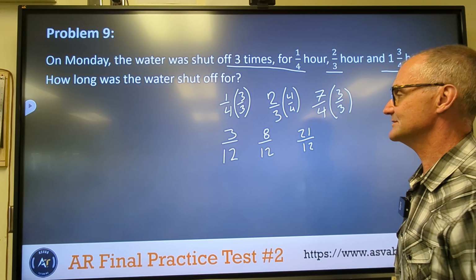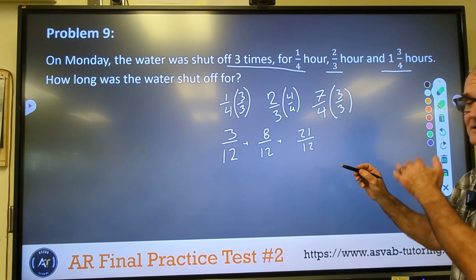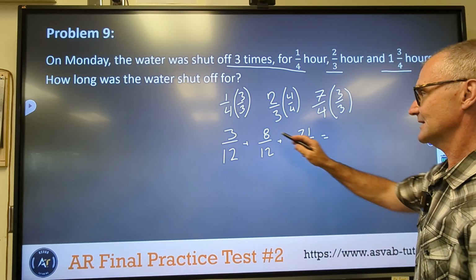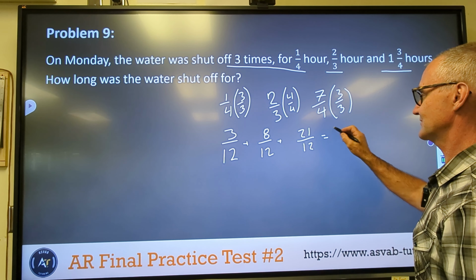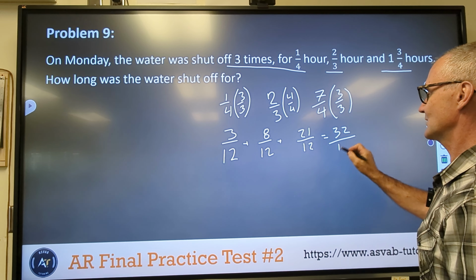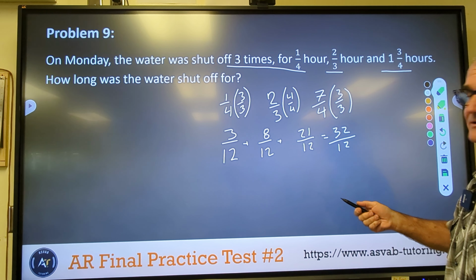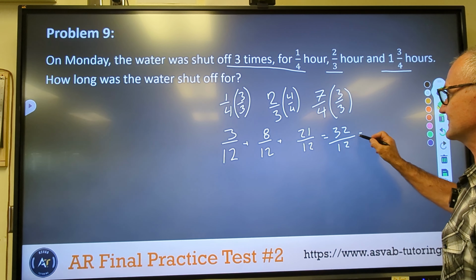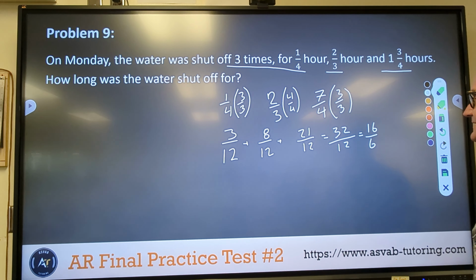Now I have that common denominator. I'm going to add across the top. Keep that common denominator the same. 3 plus 8 is 11. 11 and 21 is 32 over 12. I could reduce that, turn it into a mixed number. I think first thing I'll do is reduce it. 2 goes into there 16 times. 2 goes into there 6 times.